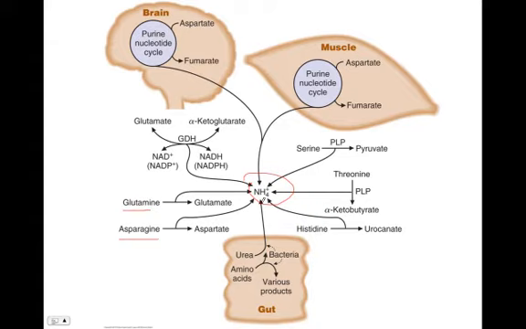This is particularly important in the kidney, where the ammonium produced is excreted directly in the urine, and it forms salts with metabolic acids. Glutamate can be further deaminated through the reaction using the enzyme glutamate dehydrogenase.